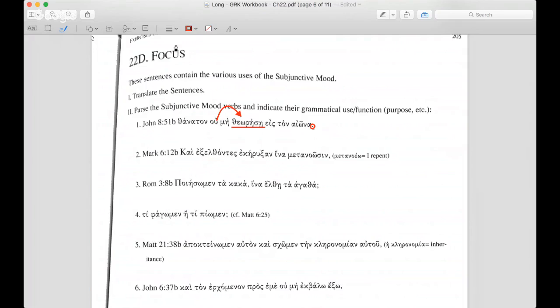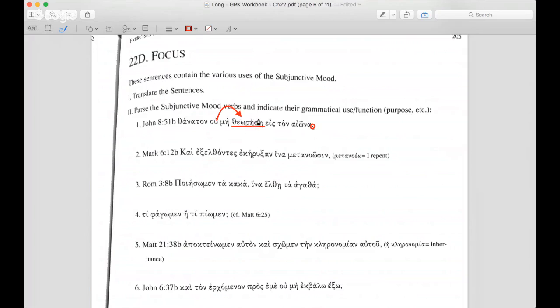Okay. So how do we want to mark up, for parsing this verb? Where do we want to draw some lines? Is it future?